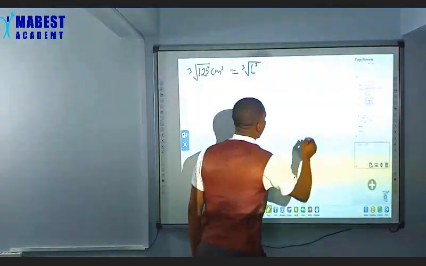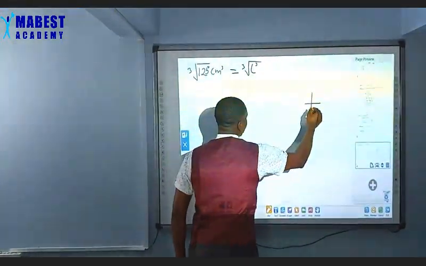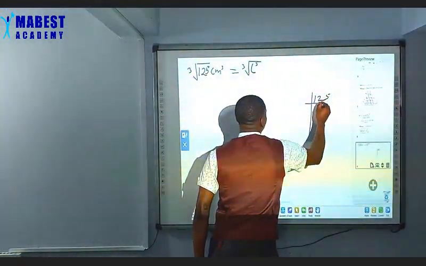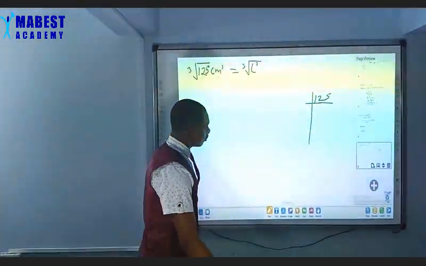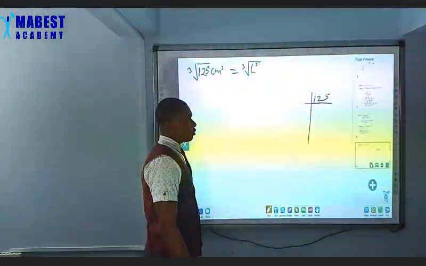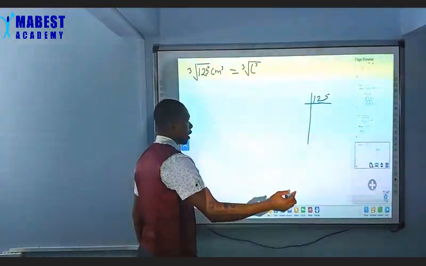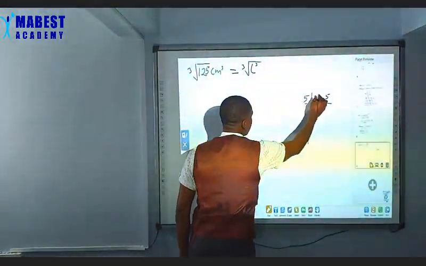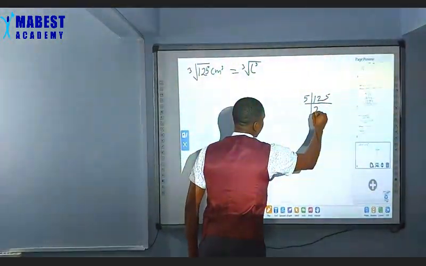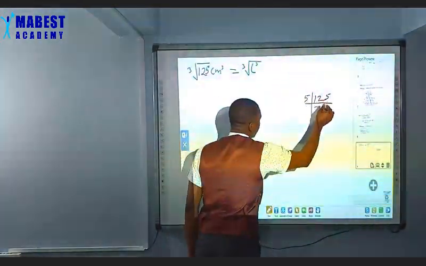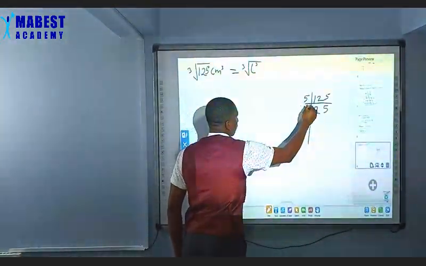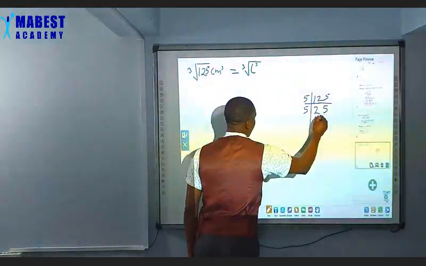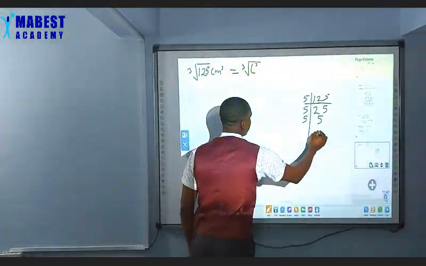You can make use of your LCM approach to get the answer. 125. What number can we use to divide 125? Yes, I'm waiting. Okay, 5. You are right. That is 5. 5 in 12 gives 2. 5 in 25 is 5. 5 in 5, you have 1.